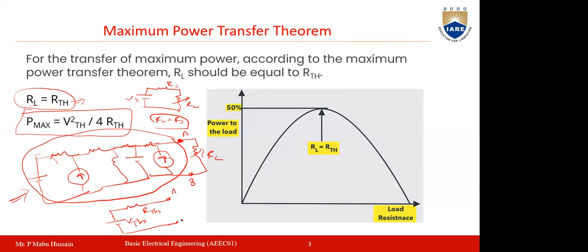Between the AB terminals, you again connect the load resistance RL. Now the source resistance is R Thevenin and the source voltage is V Thevenin.